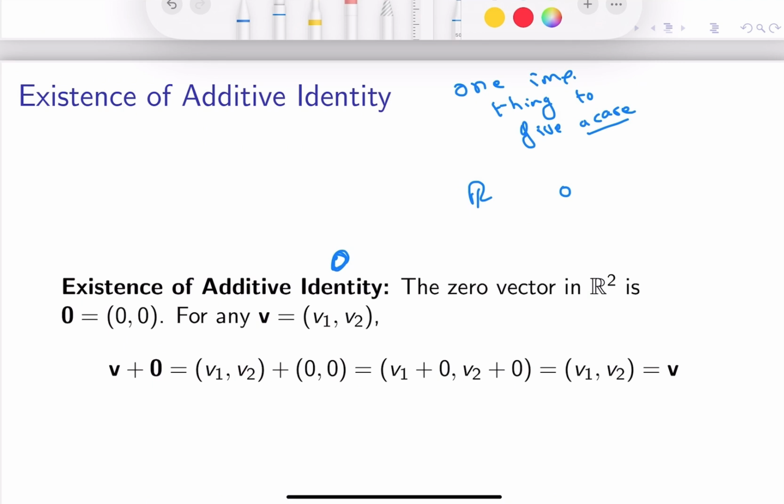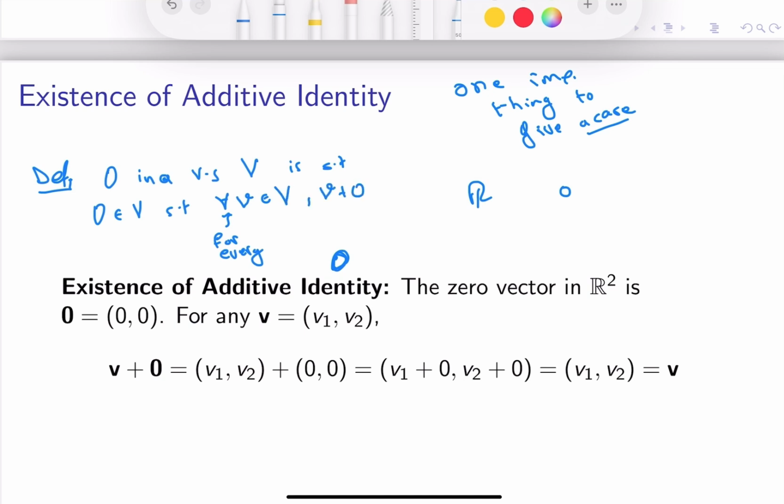We recall the definition of a zero, let me remind you. A zero in a vector space V is an element of the vector space such that for every vector v in V, we should have v plus 0 is equal to v, right?